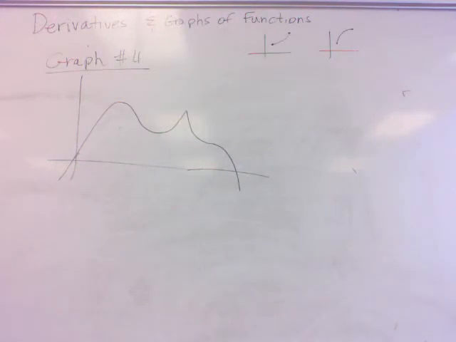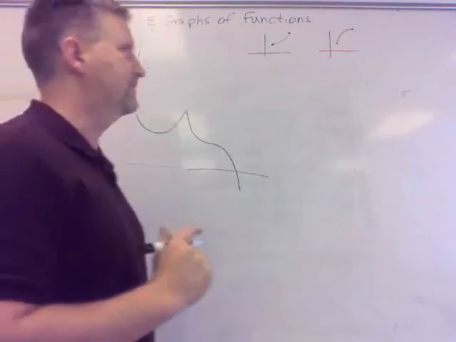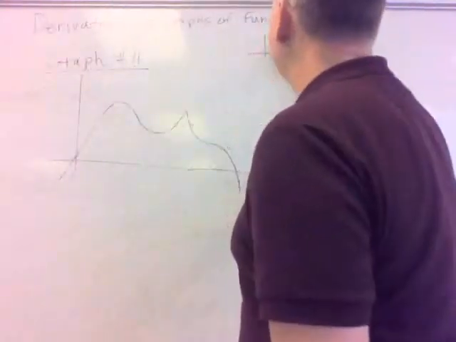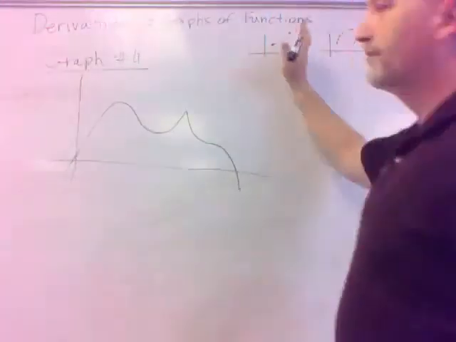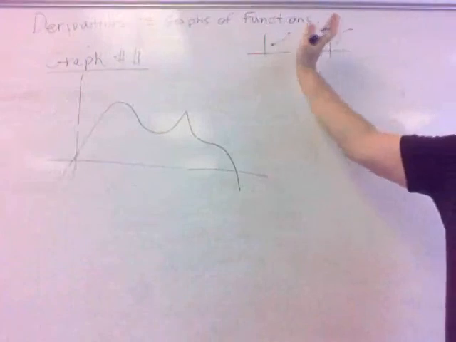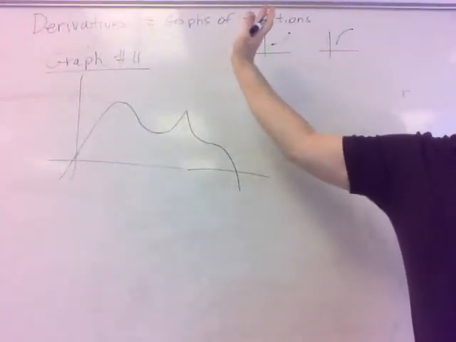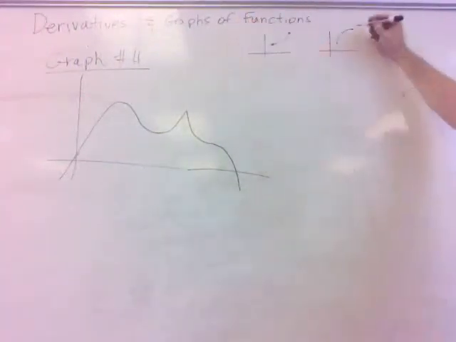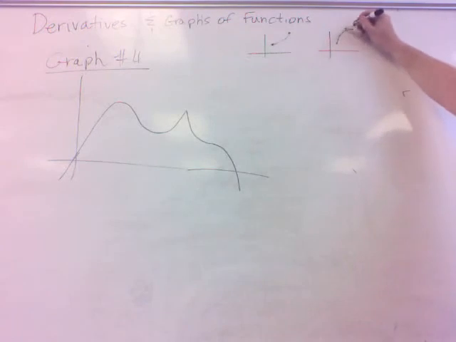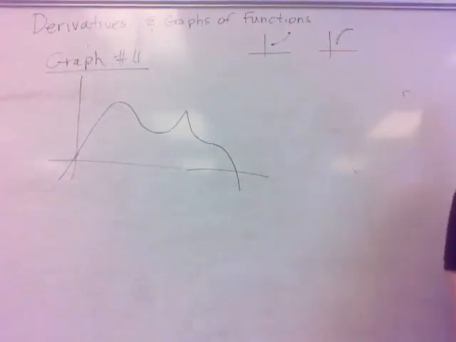I said the first derivative has nothing to do with concavity, but there is something that can help you out. Do you notice here the lines of tangent where they are? They're below. On concave up, the lines of tangent are below. However, on concave down, the lines of tangent are above. Okay?